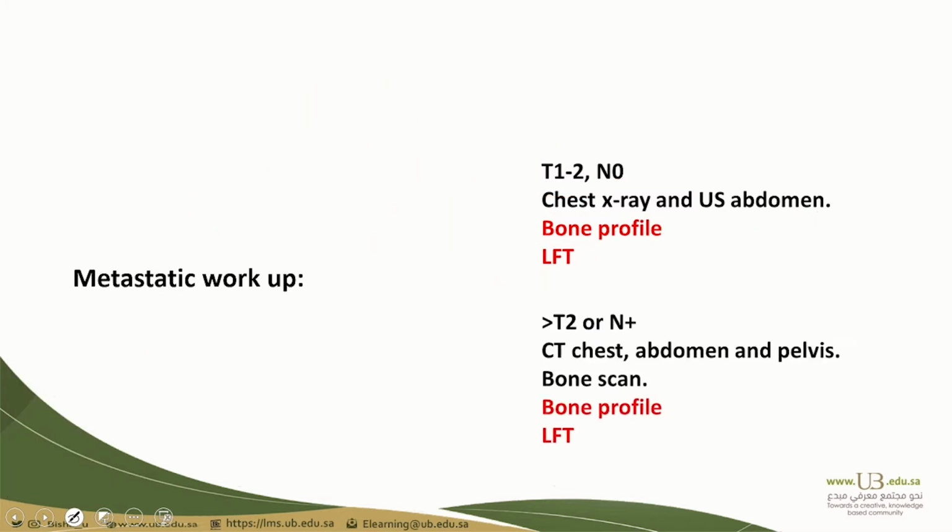If the patient is in an advanced stage, more than T2 or positive lymph node, the patient should have CT chest, abdomen and pelvis, bone scan, bone profile, and LFT also.